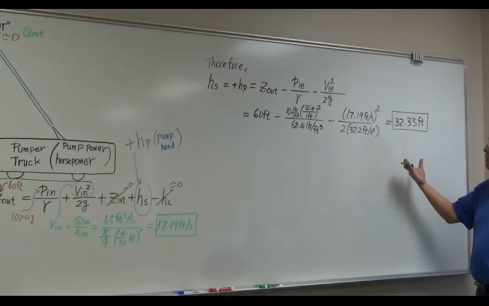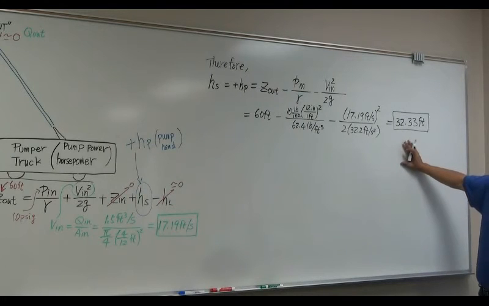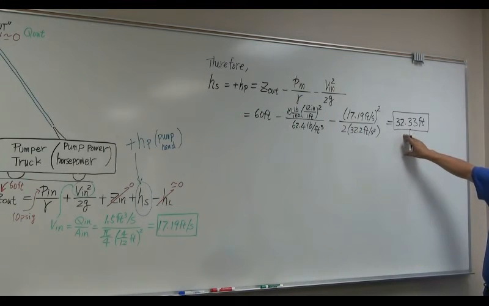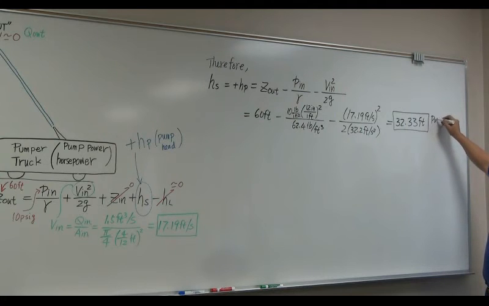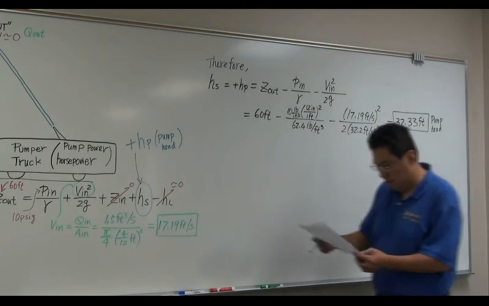Wait a minute, no. The problem is asking you what is the power you need. Okay, so what is the power corresponding to this pump head? This is actually the pump head. So you need to convert the pump head into the power, horsepower.